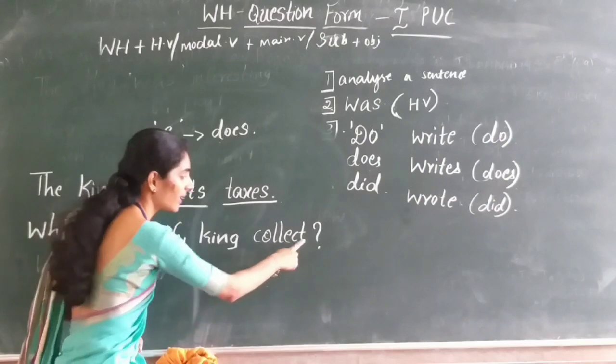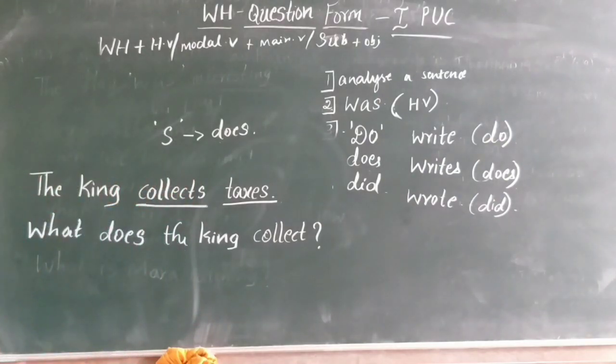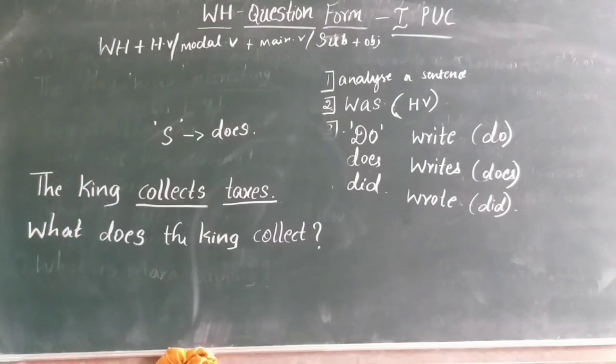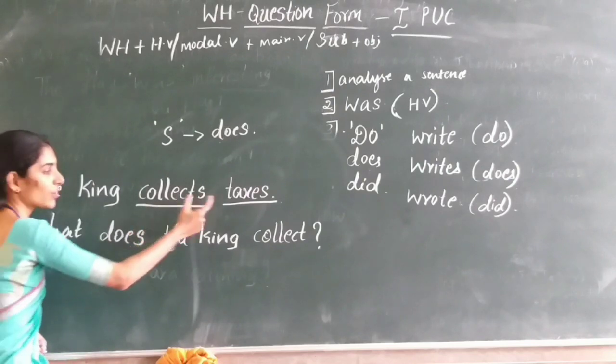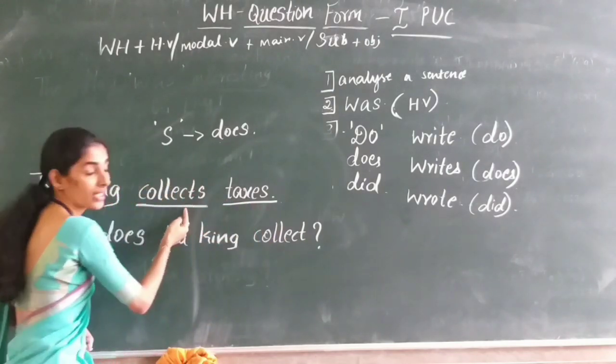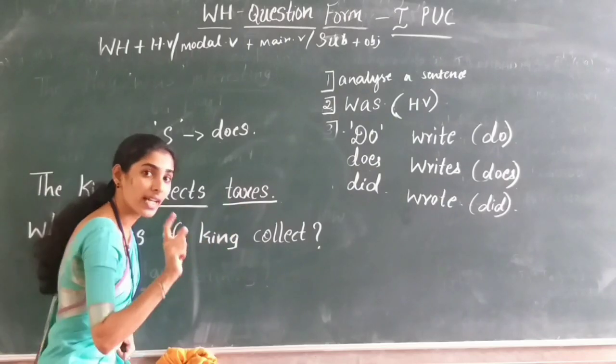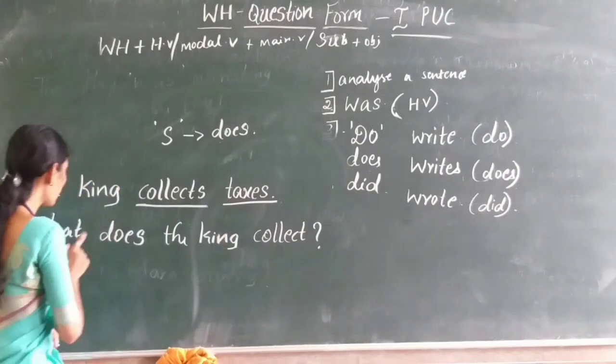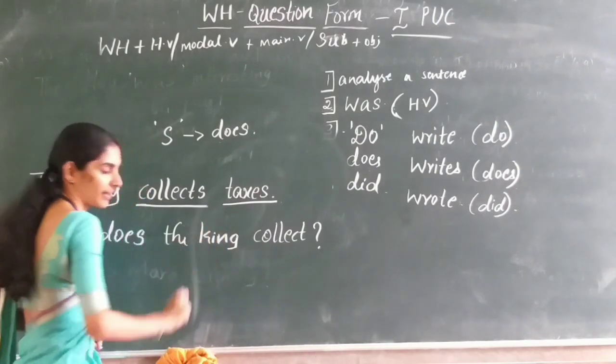In case you write s here, that will be a wrong answer. You lose 1 mark here. Even adding only one letter can cost you 1 mark in the examination. So please be careful while writing this, especially while framing or using do form verbs. Once you write does, again you should not add s to the verb. It should be only collect, because we have already written does here. So what does the king collect?